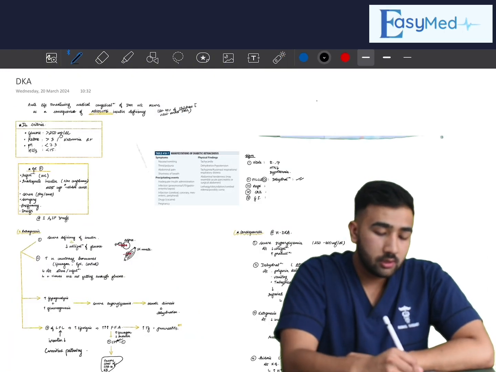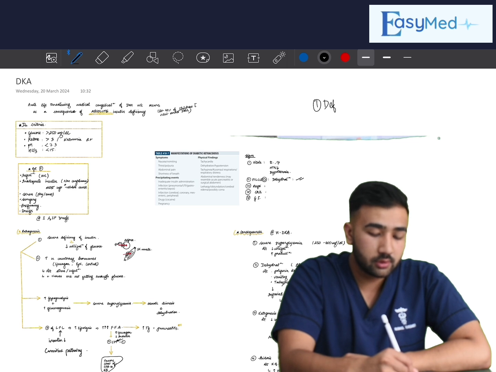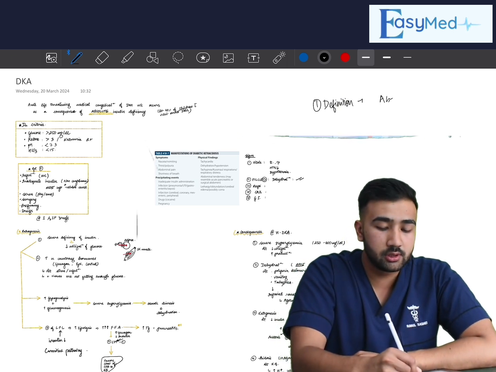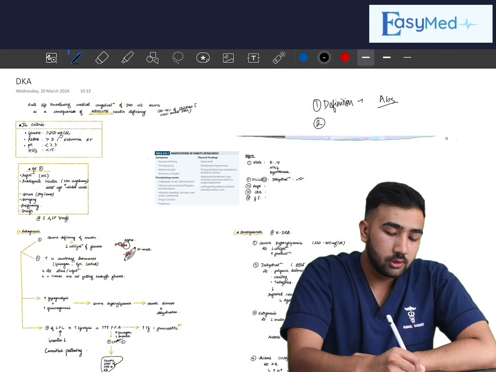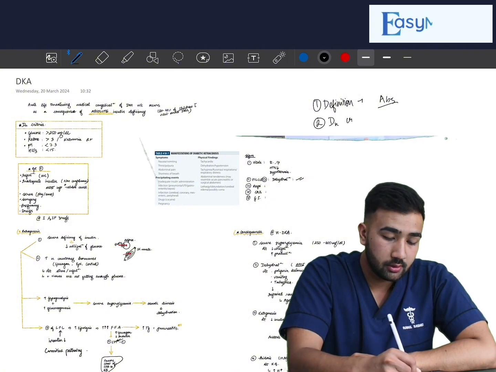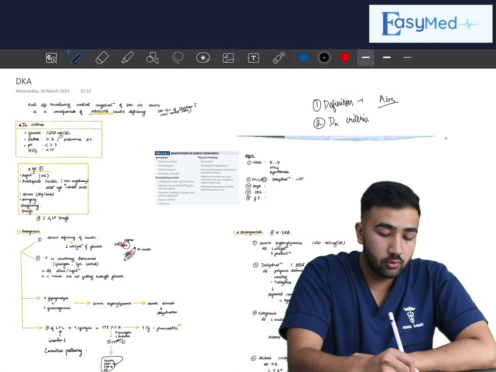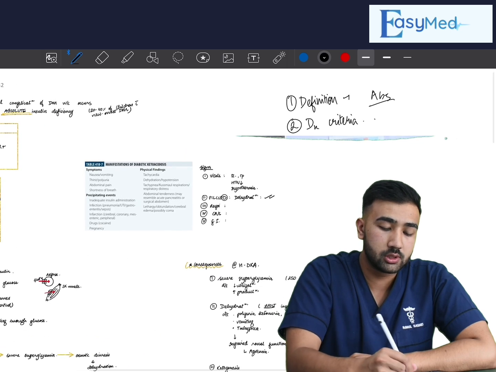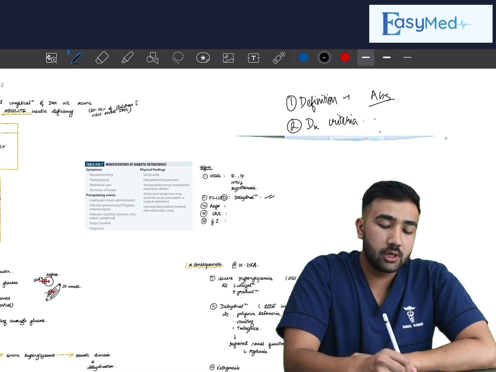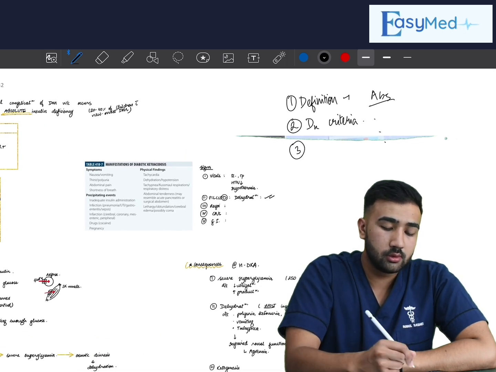Summarize what we learned. First, we learned the definition of DKA. यसमा हामीले absolute insulin deficiency को कुरा चाहिँ बिर्सनु भएन. Next, we learned the diagnostic criteria. Glucose कति हुनुपर्छ, ketone कति हुनुपर्छ, pH कति हुनुपर्छ, and bicarbonate कति हुन्छ.